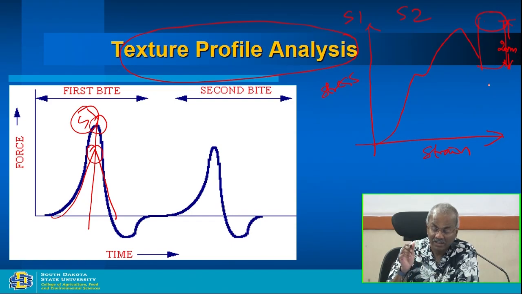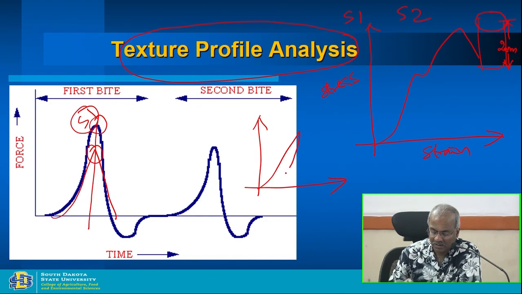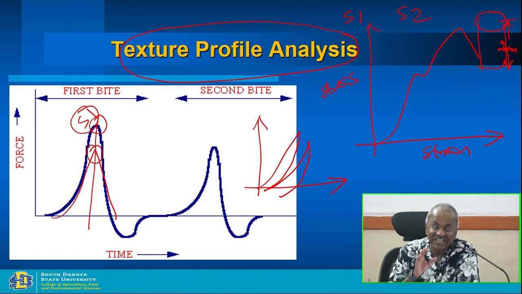In fact, if you do the compression test, the texture profile analysis test, this is how the actual data curve will look. You will not get a nice graph like this. The software does all the work in the background, and then it will show you like this. Raw data will be like this.